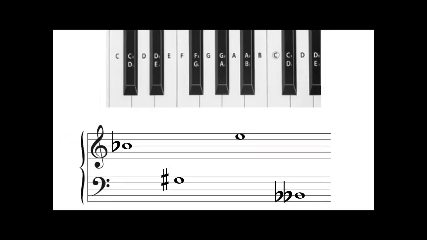So with our keyboard for reference and our staff underneath, we're going to write a note one step above each of these pitches. Now we'll look at the keyboard to decide whether we need to add a flat or a sharp or another accidental in order to find the diatonic half step away.